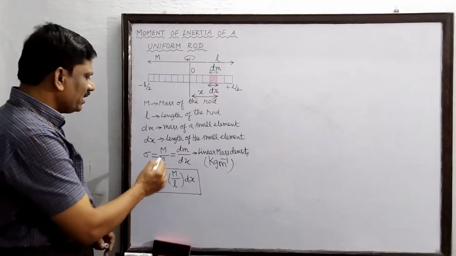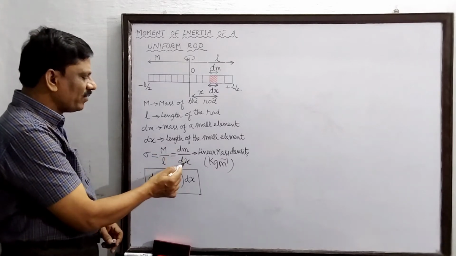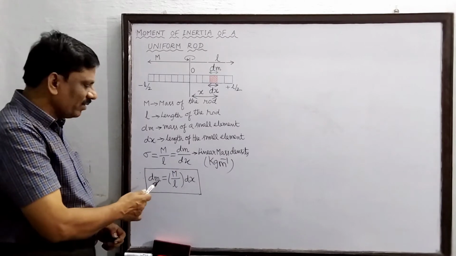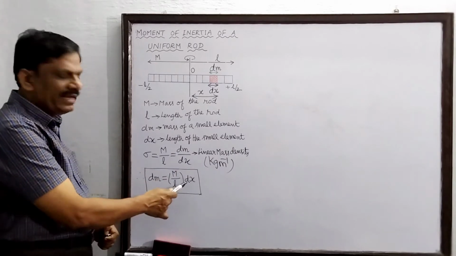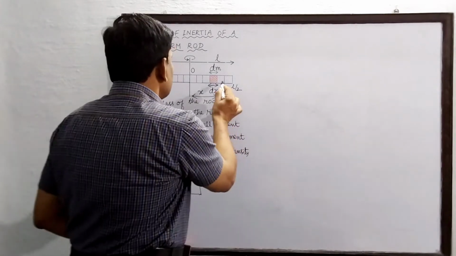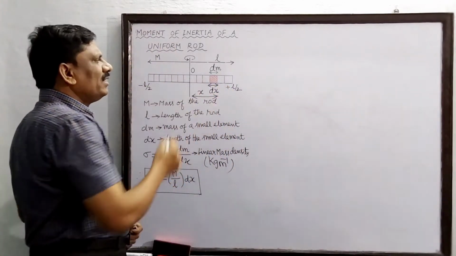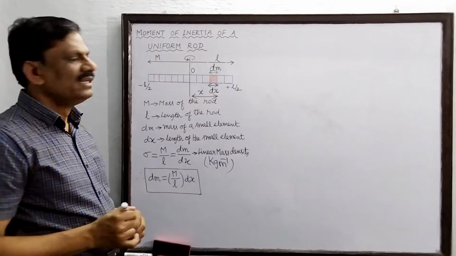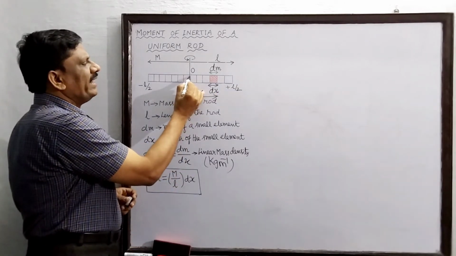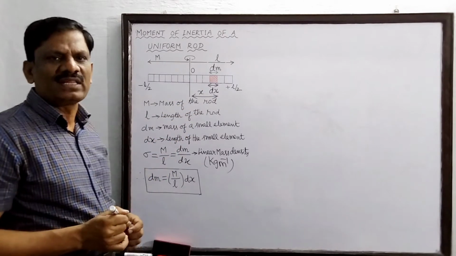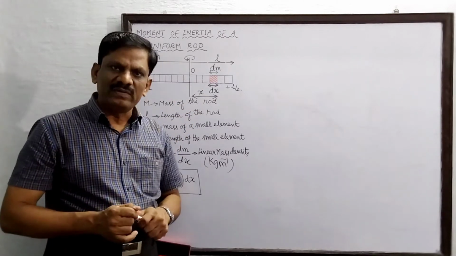Okay students. Now M by l is also equal to dm by dx. Therefore, the elementary mass dm must be equal to M by l into dx. Now, since all the elements are positioned at different distances from the axis, you see the central element, the one element which is in contact with the axis, for that the x coordinate is equal to 0.